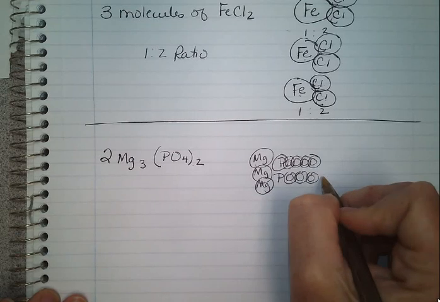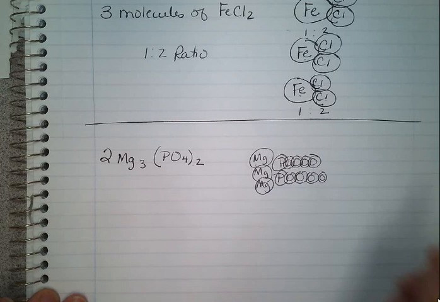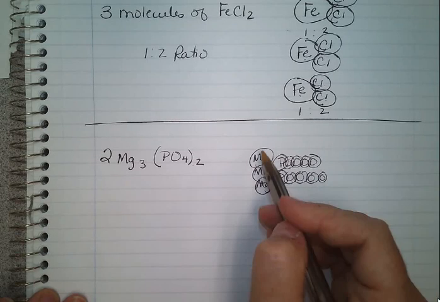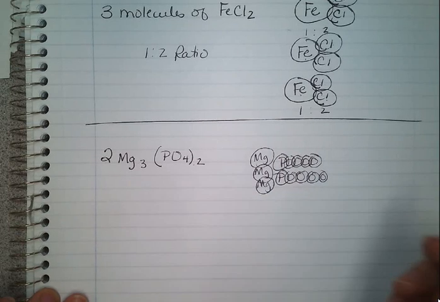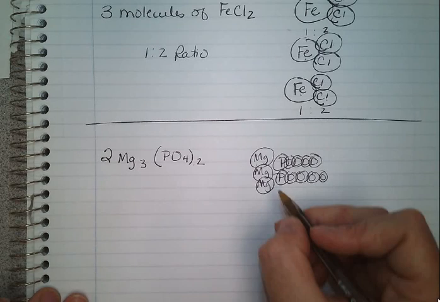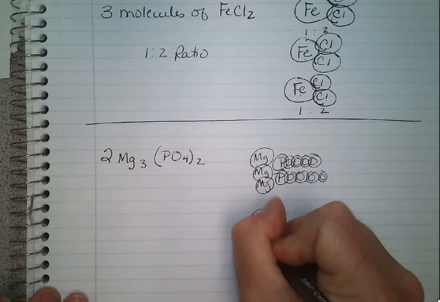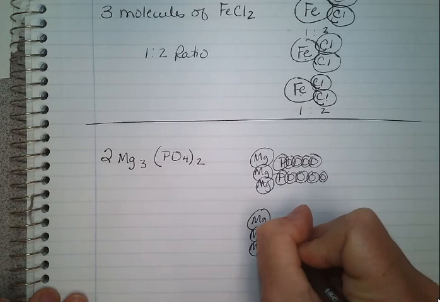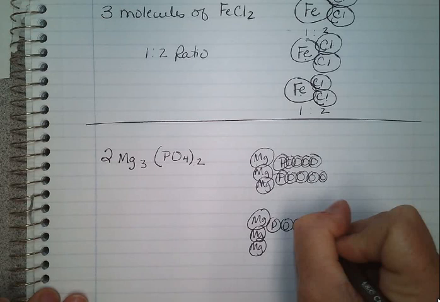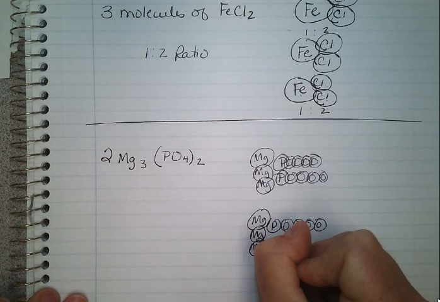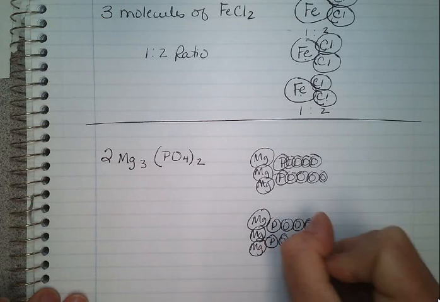That is one molecule. And I actually have 2 of those. So another one, Mg3, bonded to PO4, P, O1, O2, O3, O4, P, O1, O2, O3, O4. And that makes 2 molecules.